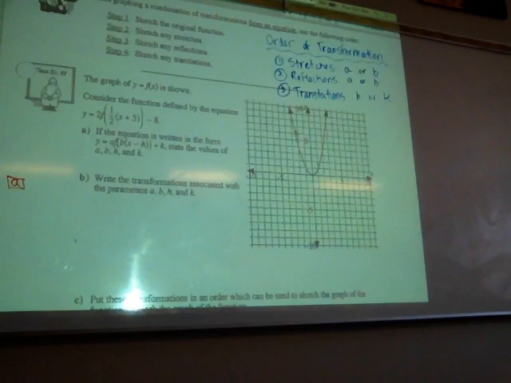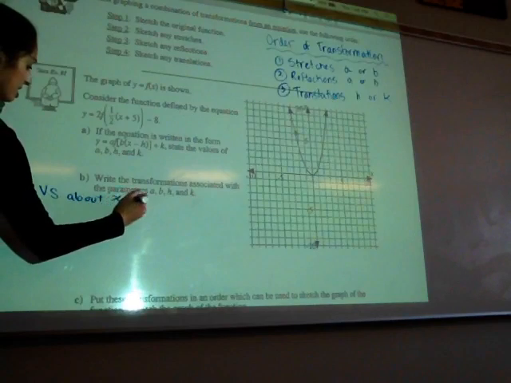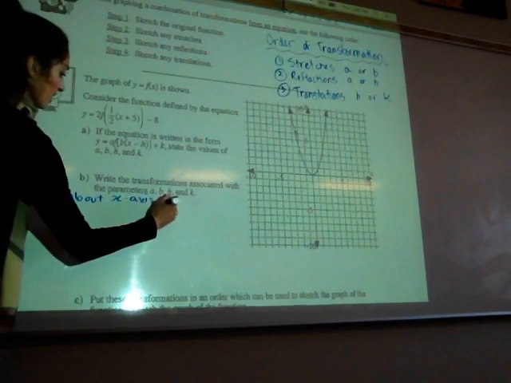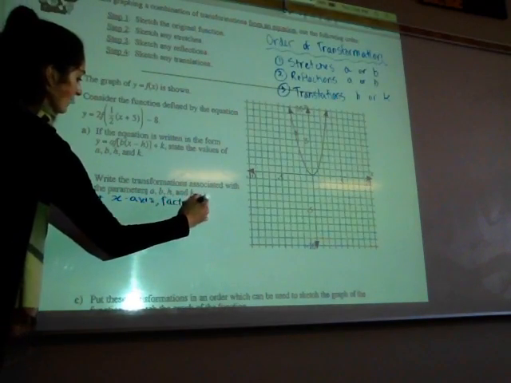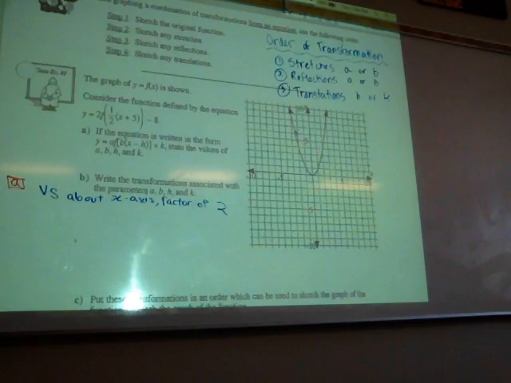So A, what's our A parameter? What's the value of it? 2. And what does that describe? Stretch. Okay, so we have a vertical stretch, and it's going to be about the x-axis, and it's a factor of 2. Okay, so if we want, you could actually write A equals 2.